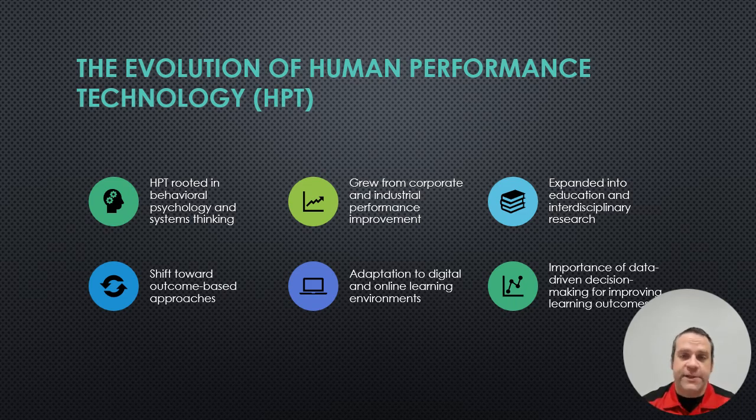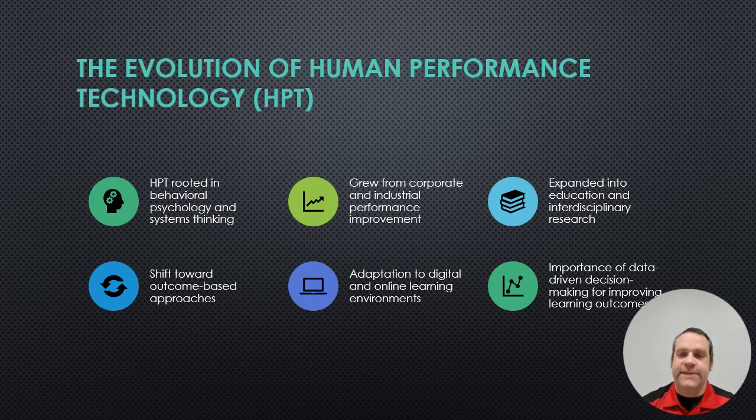These HPT interventions incorporate real-time feedback, learning analytics, and digital tools like learning management systems to address the unique challenges of online education. For example, learning analytics allows us to continuously monitor student engagement and performance, providing immediate data to inform adjustments in instruction and supports, which we'll talk more about as we go through this presentation.